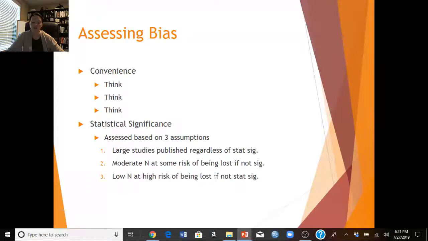And we're going to expect for those small N studies that all of the ones in your meta-analysis database of those that you analyzed, if you have any small N studies, that those are all probably going to be statistically significant. And so for all these three assumptions, all of the ways that we assess for bias are related to statistical significance. And we'll talk about that a little bit more in these next slides.